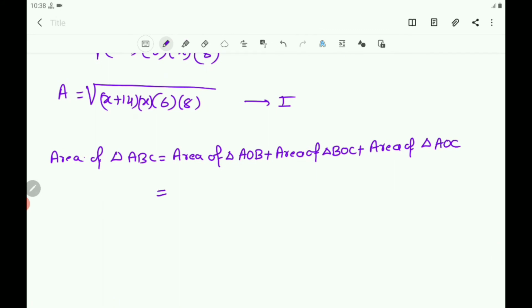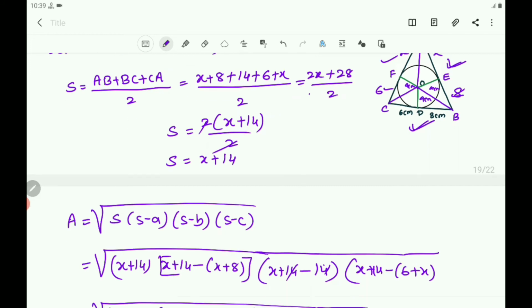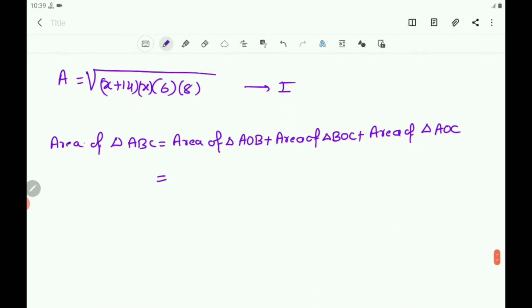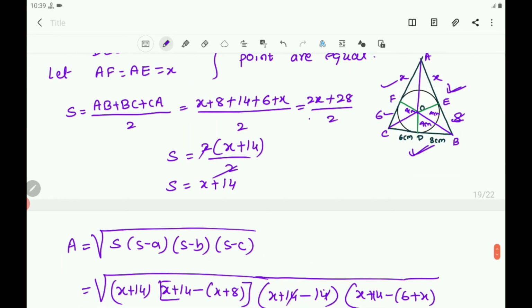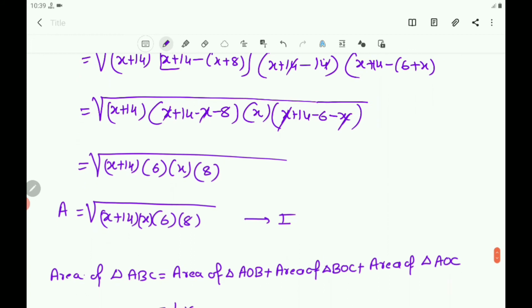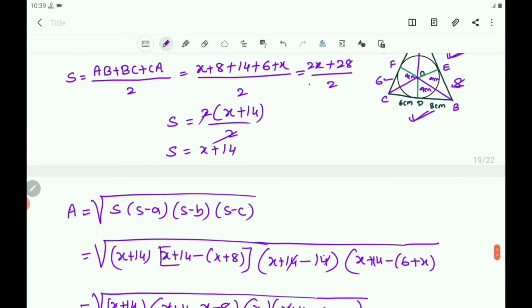And you write the area with the help of the formula half into base into height, and the first one is half into base. The base is here AB, and the radius is OE, half into AB into OE, plus half into BC.